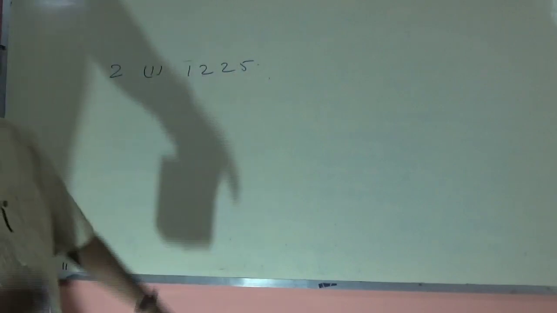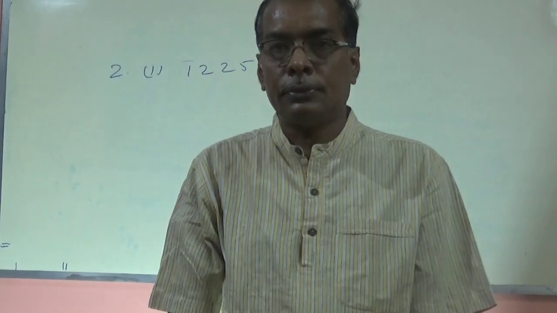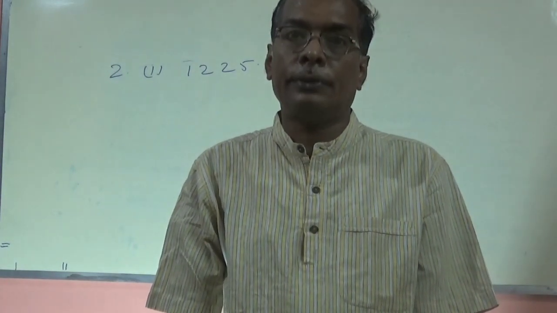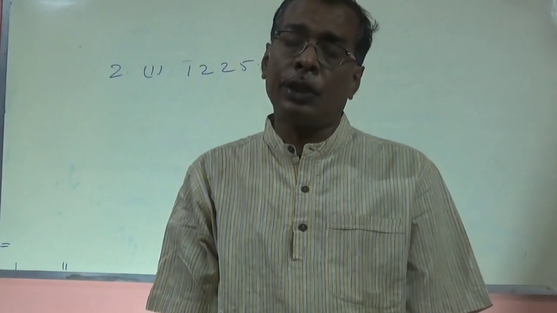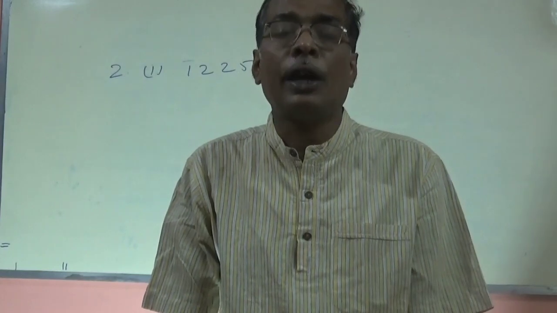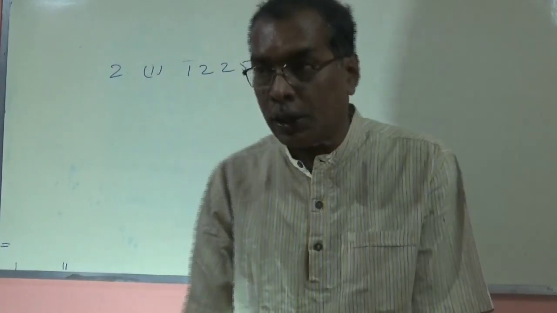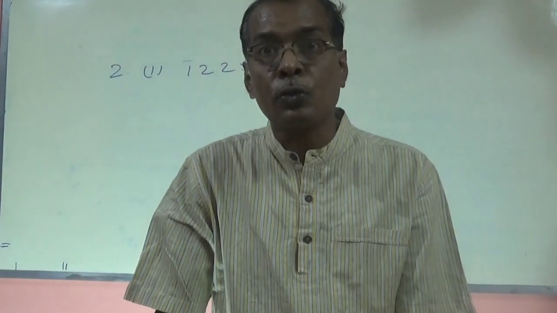They are going to say that this is a perfect square. 25 is a perfect square, for example. Now suppose I ask you, 25 is a perfect square, whose square is it? 5 square. Same thing, 1225 is a perfect square. Suppose I am asking you whose square it is?